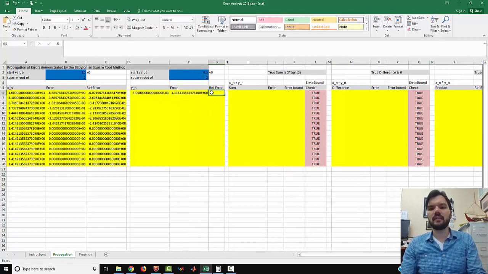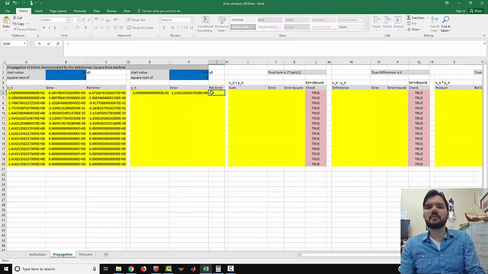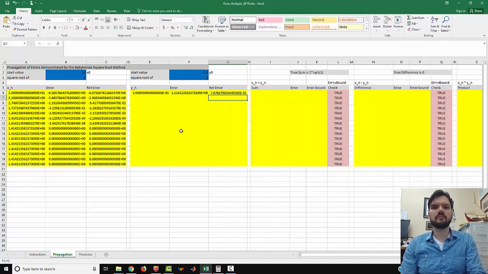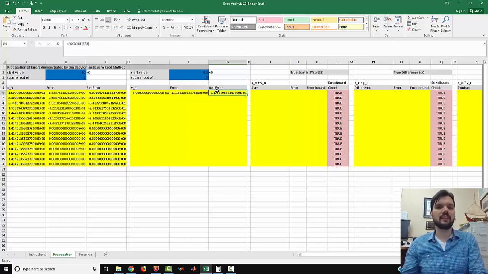And in relative error, a nice way to do it is simply the error divided by the true value, which is the square root of the 2. Again, relative error is true minus approximate divided by true, but error is true minus approximate, so we can use error divided by true to get relative error.